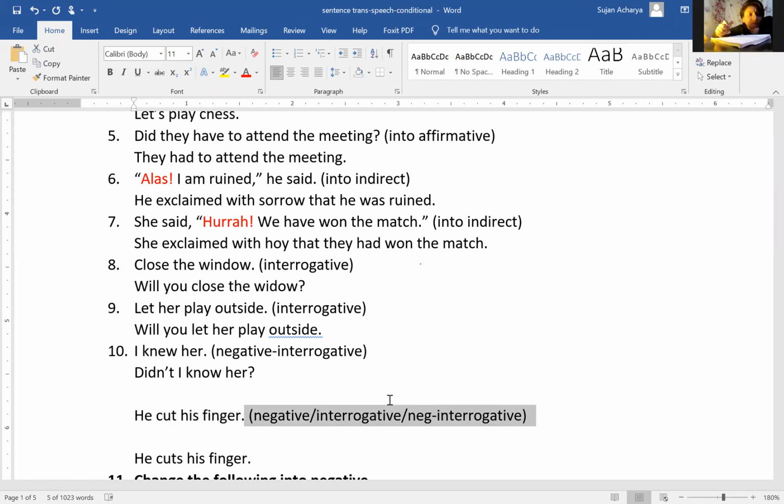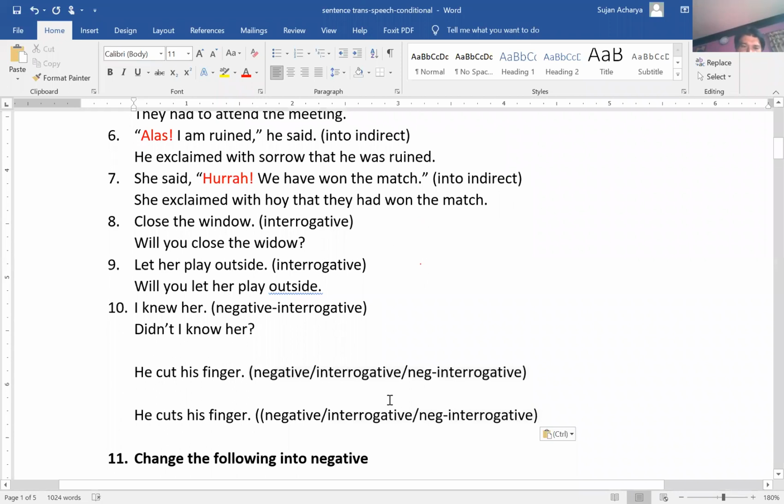Why? Because of the form of the verb used in the sentence.